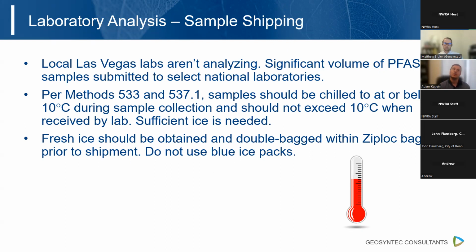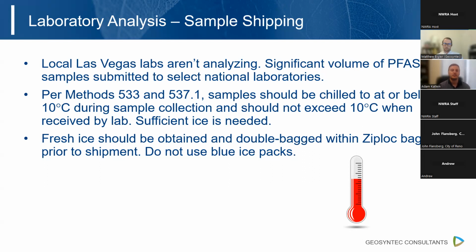There is a longer turnaround time just because there are fewer offers of the service out there. We're typically seeing about 15 days on the 537.1, but I've heard as long as 4 to 5 weeks on the 1633 for some other projects. So there is a longer turnaround time than for your usual analysis like VOCs and things like that.